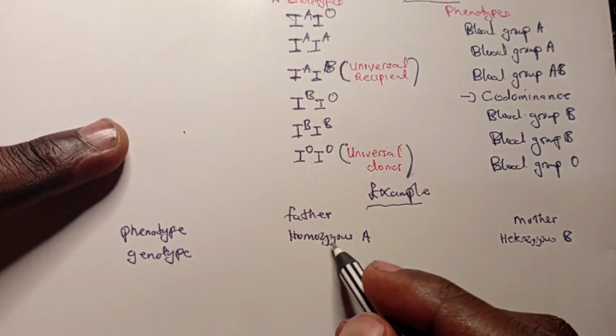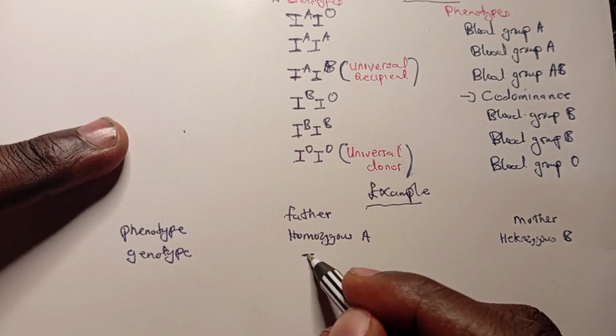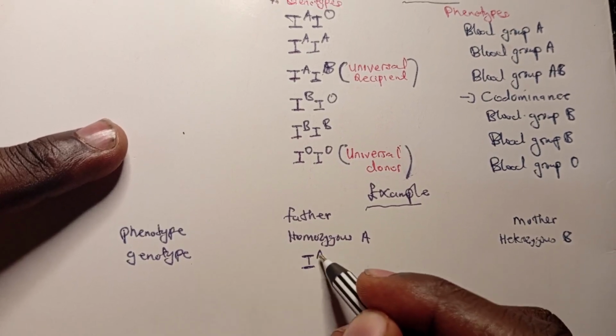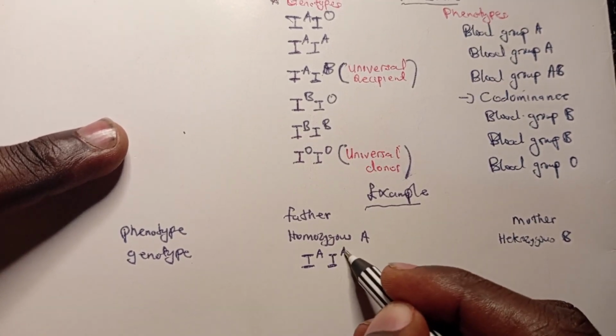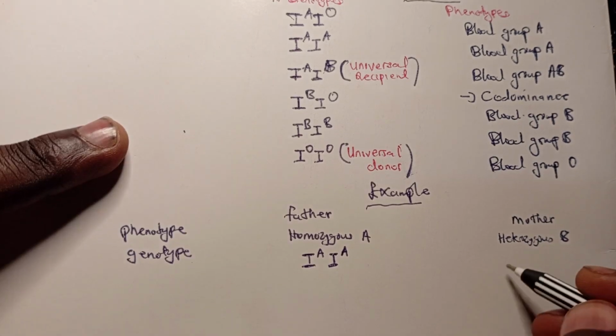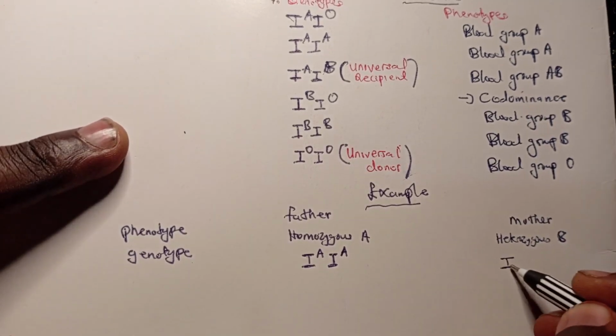The genotype for homozygous A will be this, and heterozygous B will be something like this.